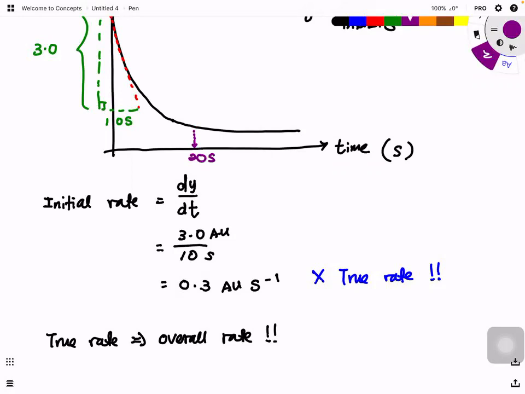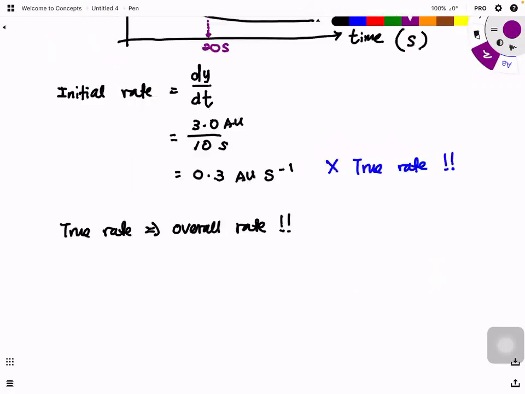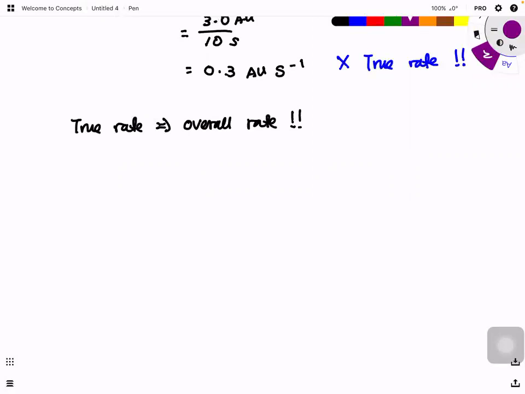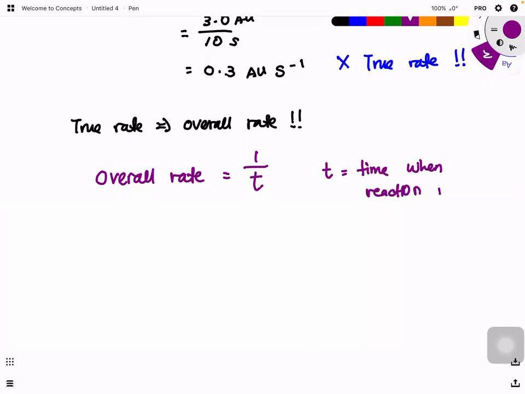If you get the overall rate of reaction for this kind of graph, in our syllabus the overall rate of reaction equals 1 over T. The formula is 1 over T. T is basically the time when the reaction stops. T is the time when the reaction stops.